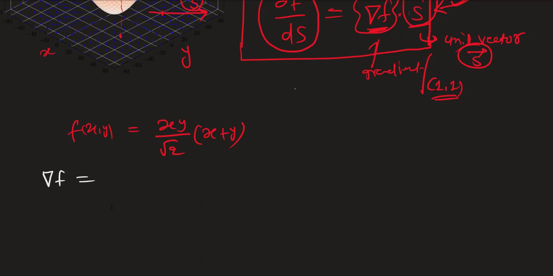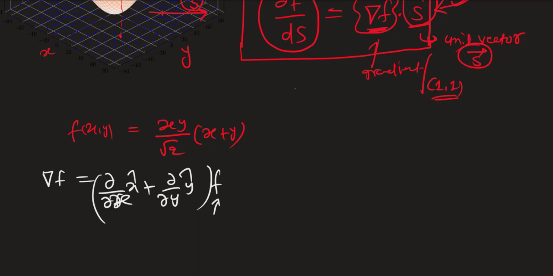Del f is given by del by del x x cap plus del by del y y cap acting on f. This is simply the scalar function. So I can also write it as del f by del x x cap plus del f by del y y cap.